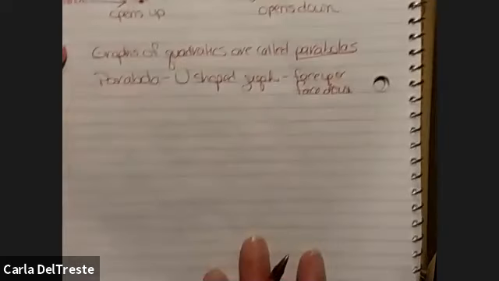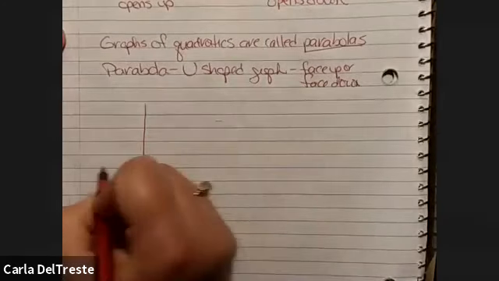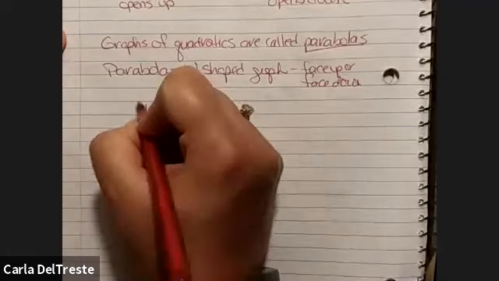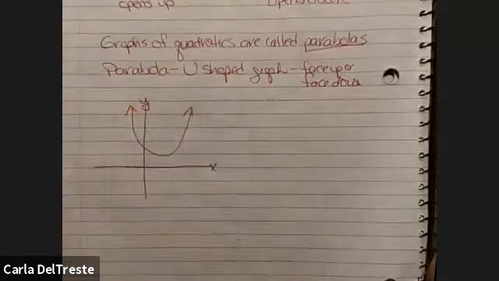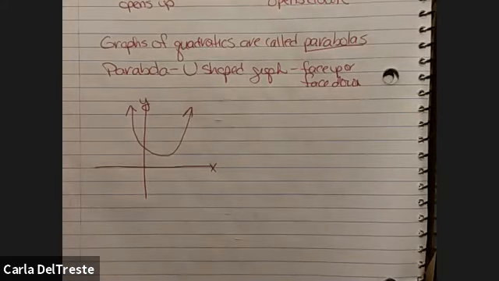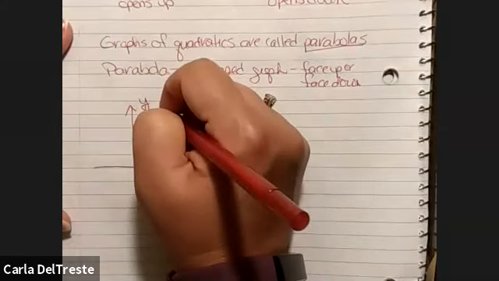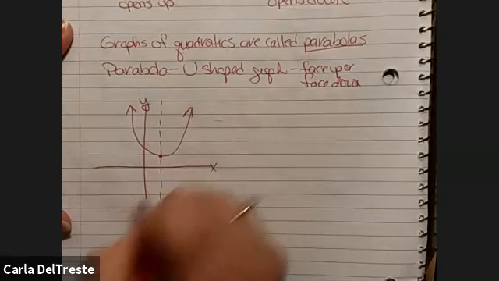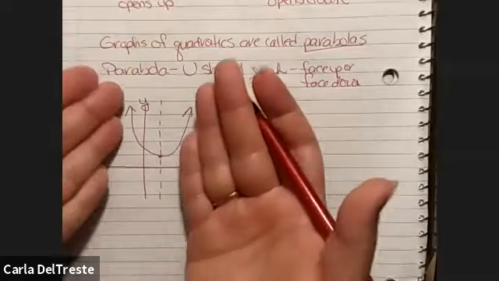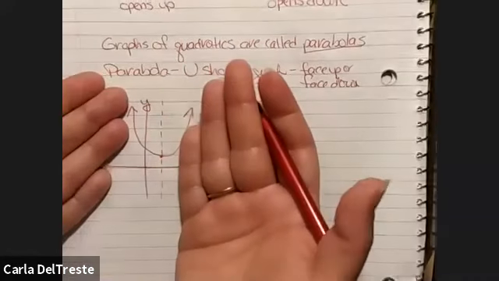Okay, let me make a new sketch to give you a few more definitions. This time I am going to put it on an XY axis. Let's say we have a graph that looks like this. I can draw in a vertical line going through that vertex, and that creates a symmetry on the graph.